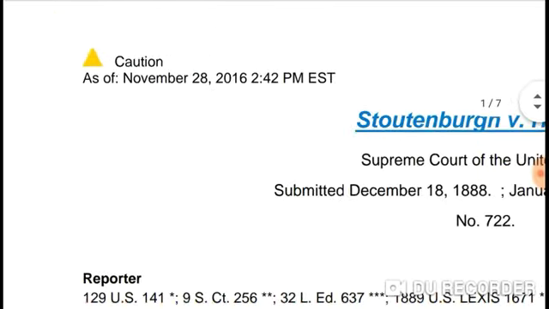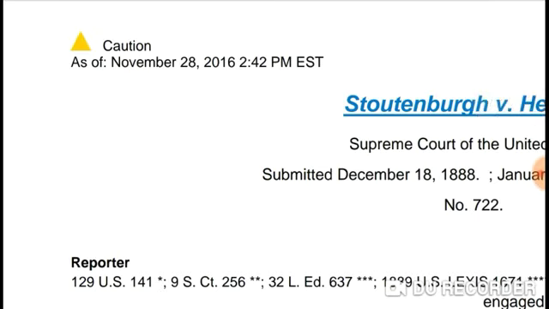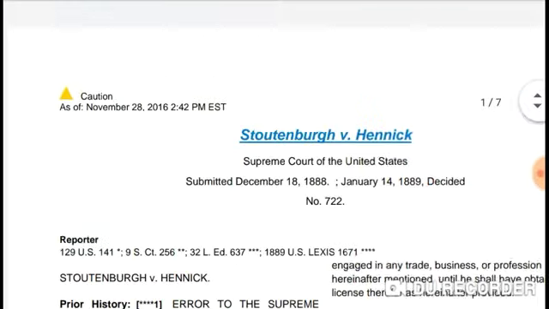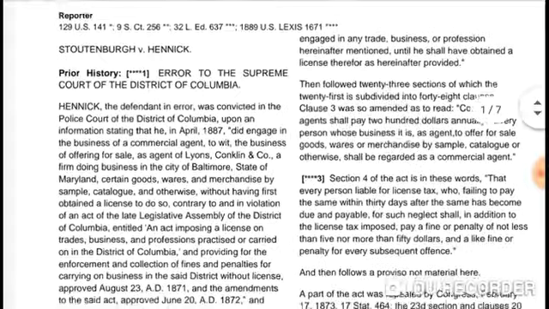It's been cautioned because sometimes people use the case in the wrong way, and the LexisNexis system marks down every time the cases are used, and it gives you a caution to let you know that this case has been used in the wrong way, to show you how not to use it. So if it was not a valid case, it would have a red stop sign there. So this case is valid to this day.